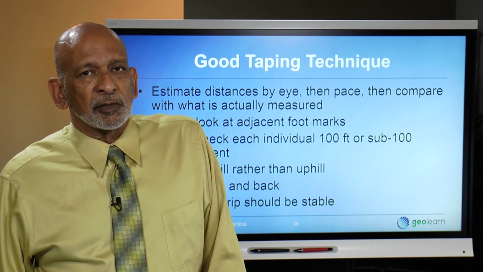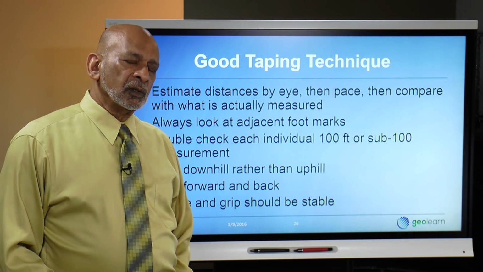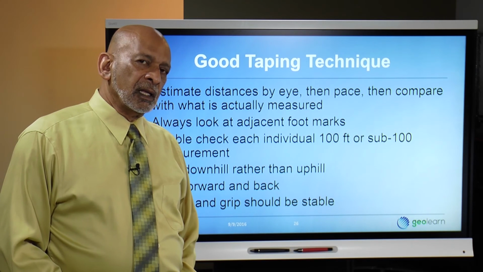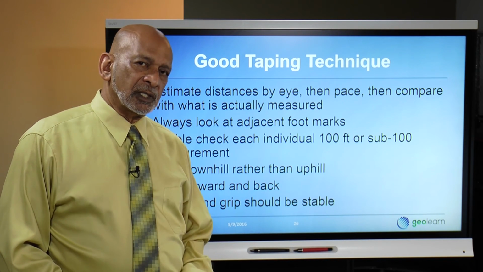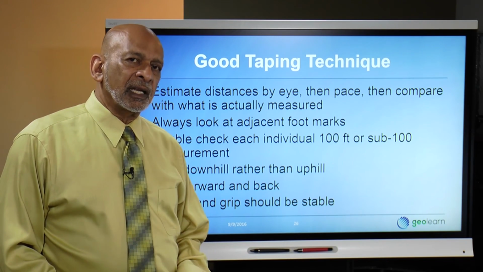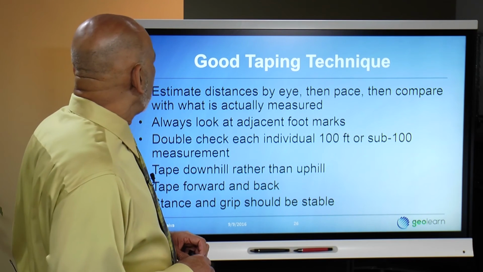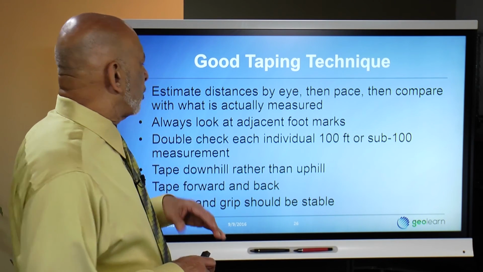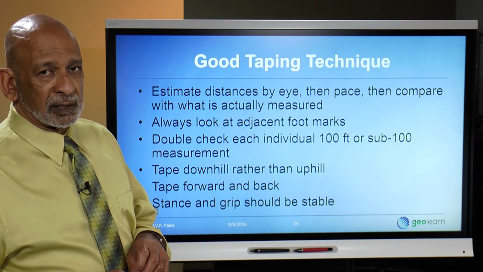There's tons of stories once you start talking to experienced surveyors where they will tell you that with technology where you're not directly measuring like you do with the steel tape, you can often get incorrect results, but you bank on it because you paid so much money for it. And so I always say try to learn as you survey more and more to estimate distances by eye.